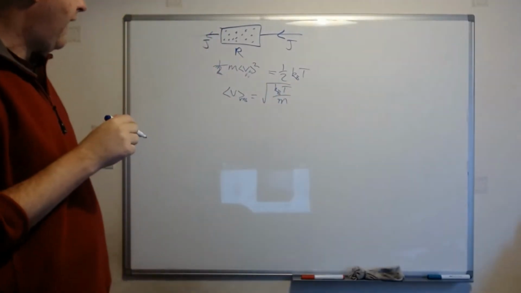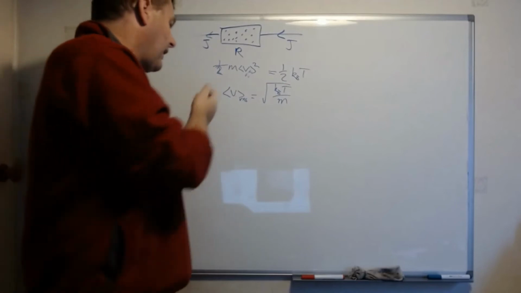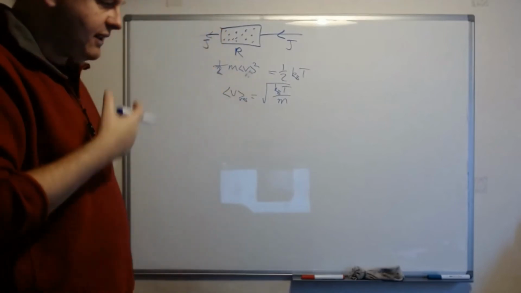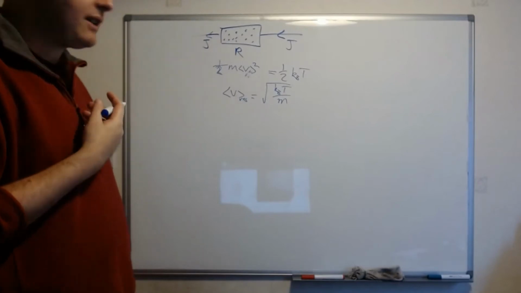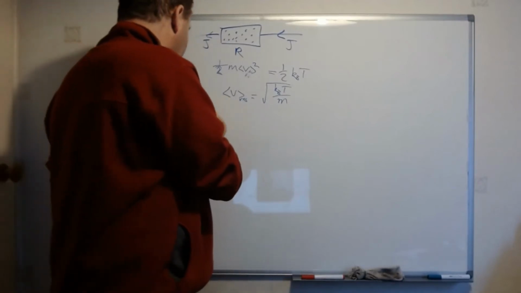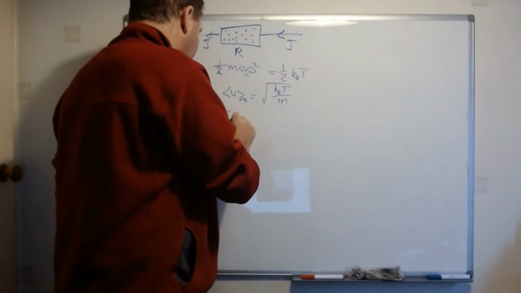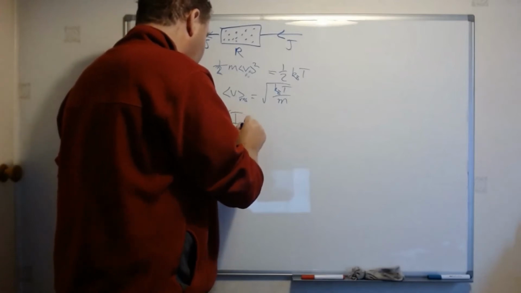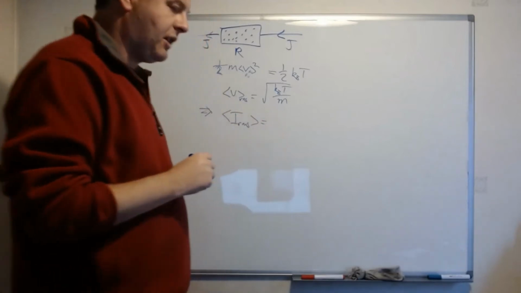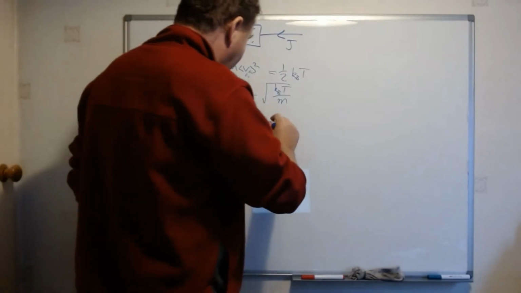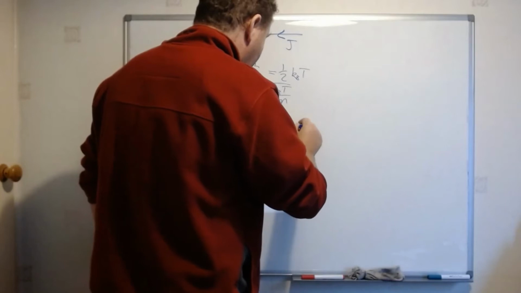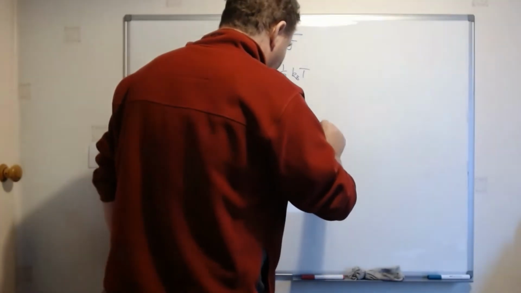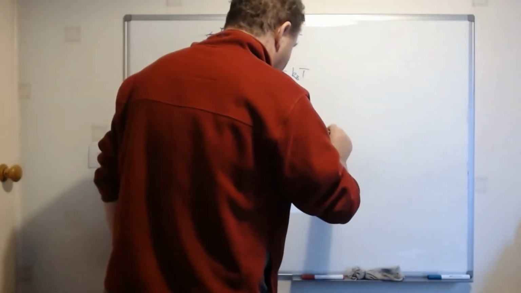Okay, and we can then think, okay, that's fine, but because these are charged particles we're talking about, that's going to imply that we're going to have an RMS current as well. So that implies that we can write down an RMS current, which is going to be simply given through the Drude formula by the density of electrons times their cross-sectional area times their charge times the RMS velocity.